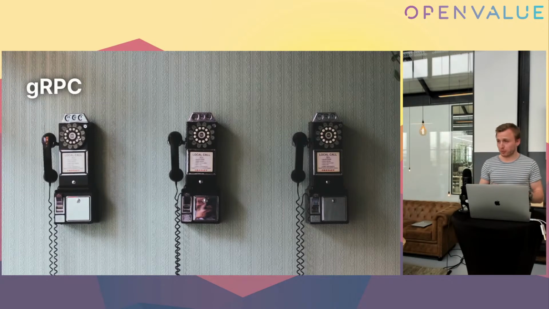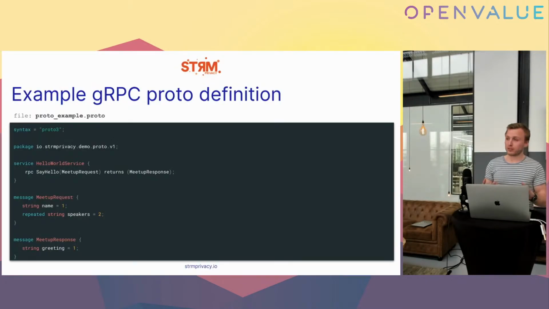Moving on to gRPC, we now have the introduction for protocol buffers. And we can take a look at an example gRPC proto definition. Again, we have a similar proto file like we had, but now, as you can see, we have a hello world service here. Inside the hello world service, we can define an RPC, a remote procedure call named say hello.